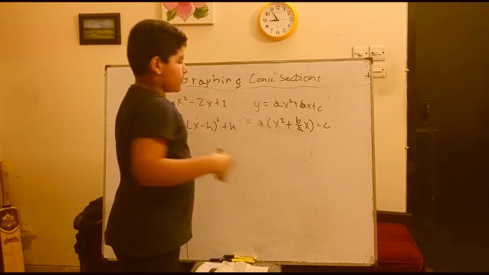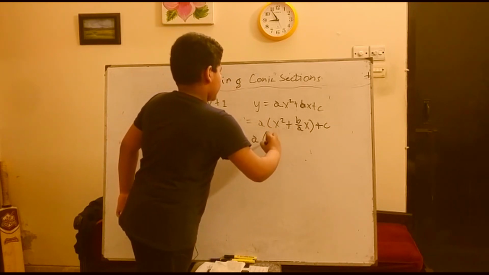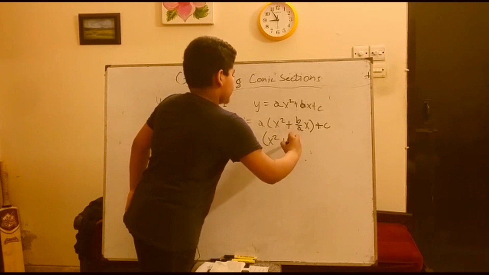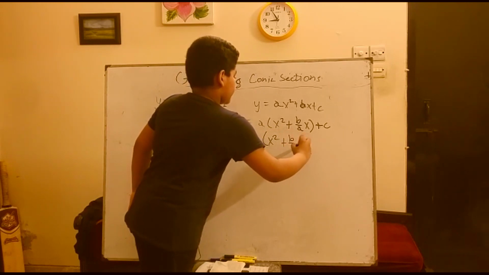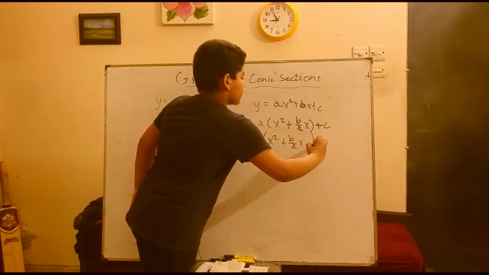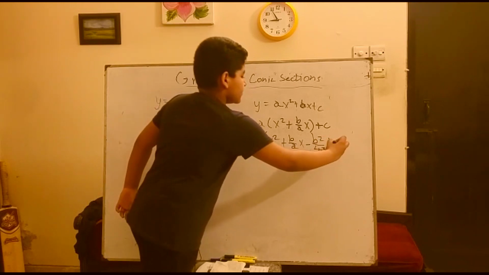So just remember that. Now what we have to do is add another thing, which is b squared over 4a squared. Now this will be a whole group.